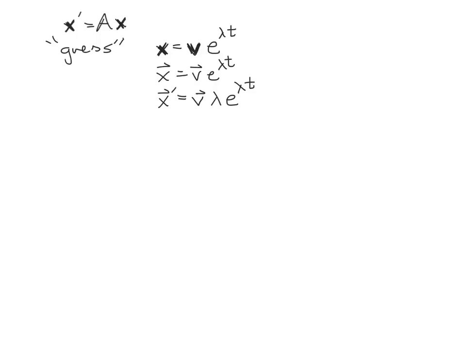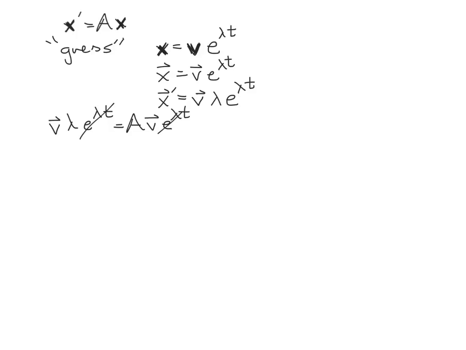All right, let me plug this all into that differential equation in the upper left. So the derivative is v lambda e to the lambda t equal to A times that guess, which was v e to the lambda t. Now I've got an e to the lambda t on both sides, so I can cancel that.